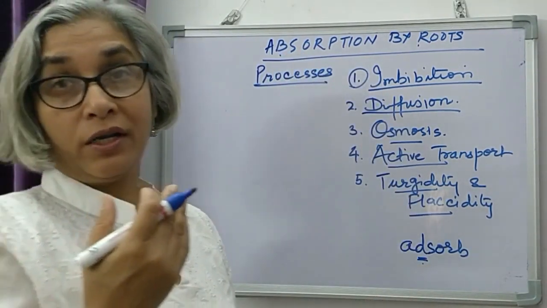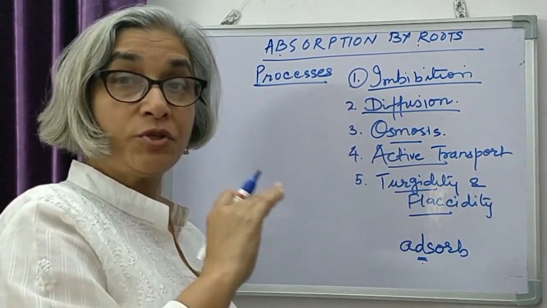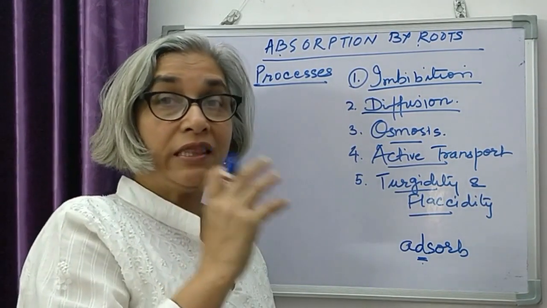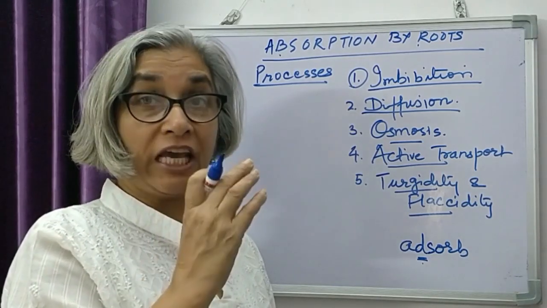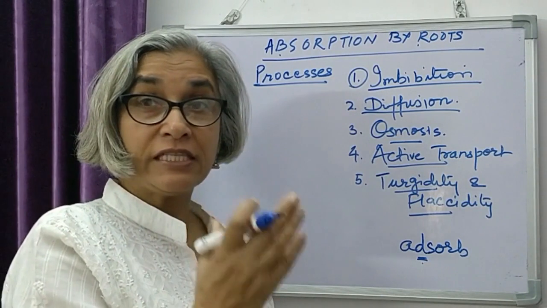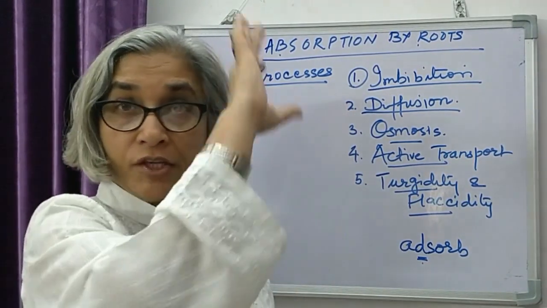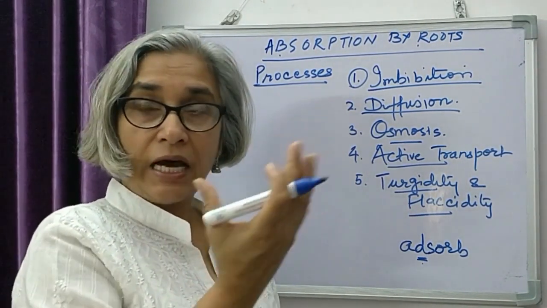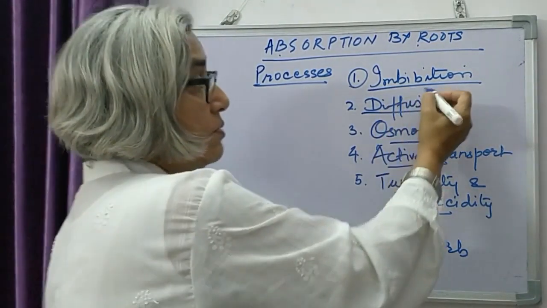So we say this is adsorption of water by the surface molecules. Why? Because these are made up of hydrophilic substances. The word philic means like or affinity. Hydrophilic substances have affinity for water. So even if there is moisture around in the air, water vapor, they can absorb it at the surface. So that is imbibition.